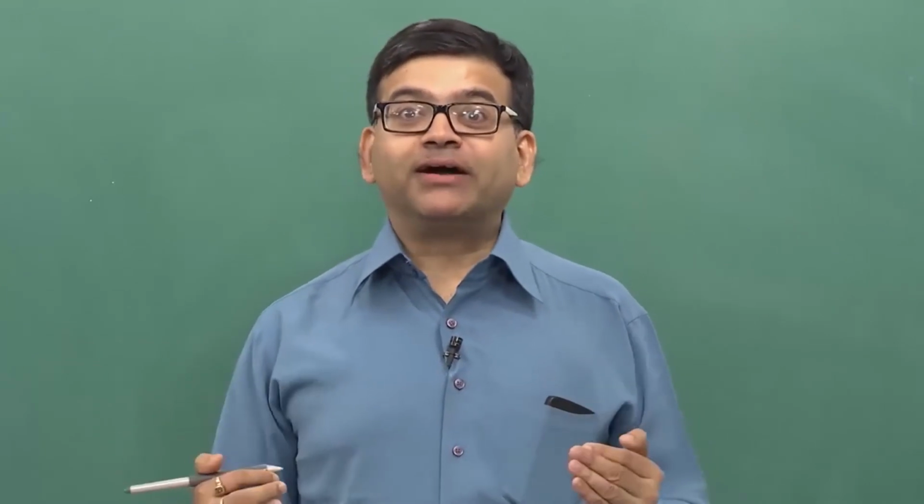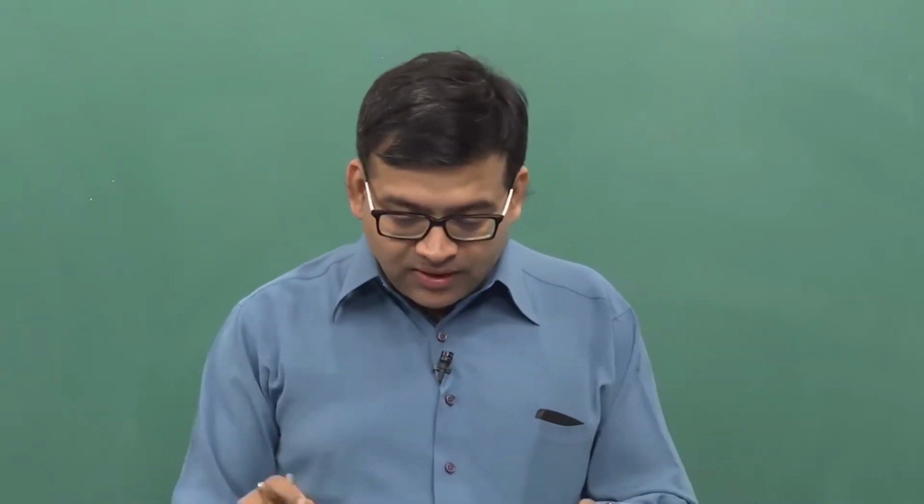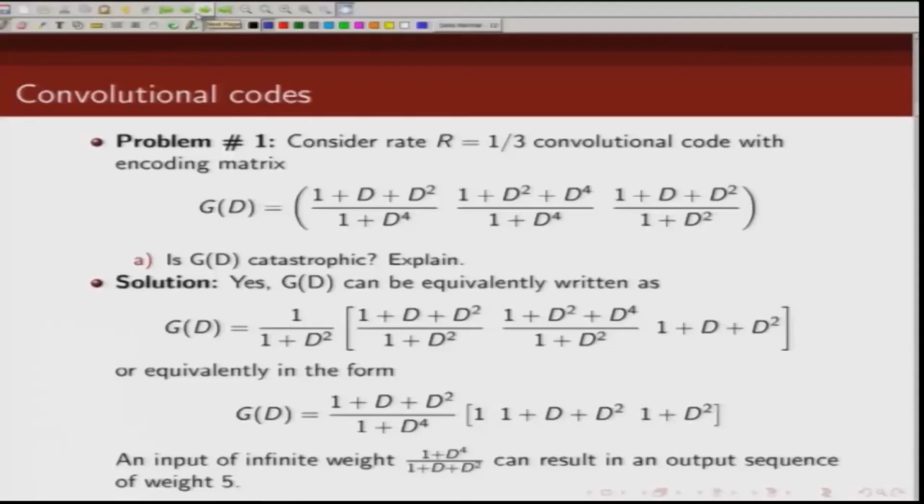Now, if we try to look at it in terms of the state diagram, in a state away from the all zero state, there is a self loop around a state where a non-zero input results in all zero output. Now, let us look at this generator matrix and try to simplify it, put it in a minimal form. We can see the denominator, this 1 plus d square, is common. If we take that out, we get here 1 plus d square, and this is 1 plus d square.